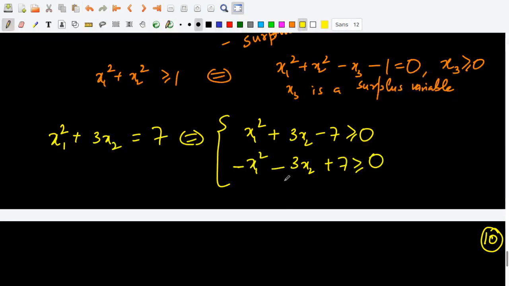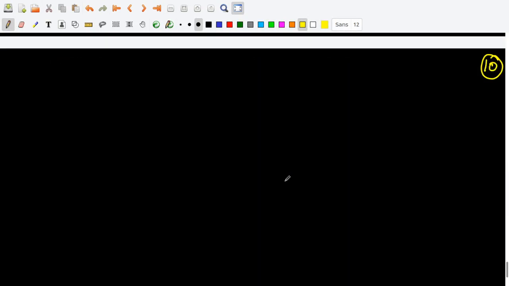One can be very creative and try to remove inequalities by, instead of using slack variables or surplus variables, using some nonlinear functions. So for example, suppose I have a constraint that says x1 should be less than or equal to 10 and more than 7.